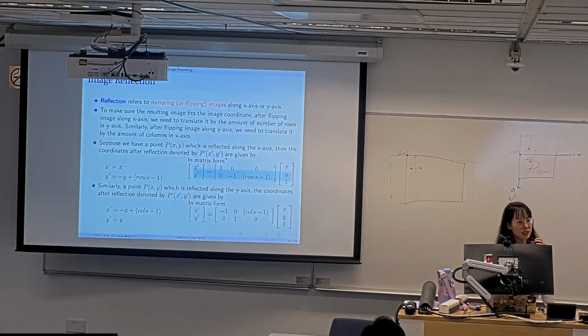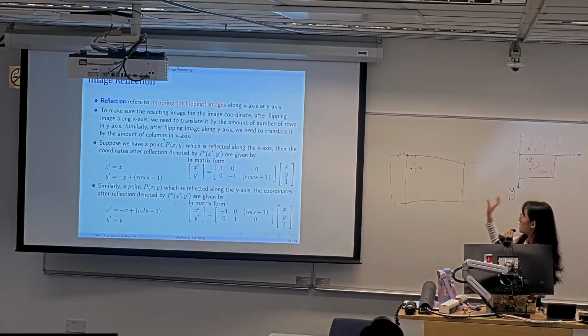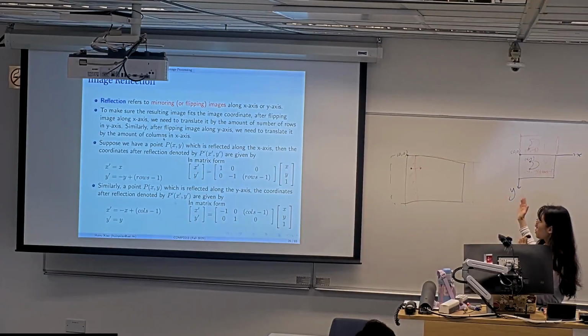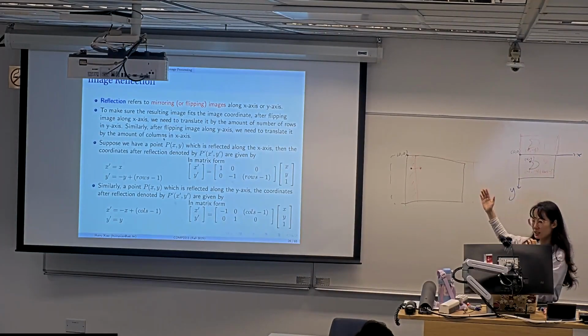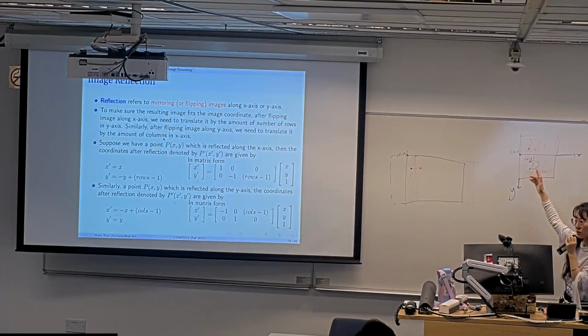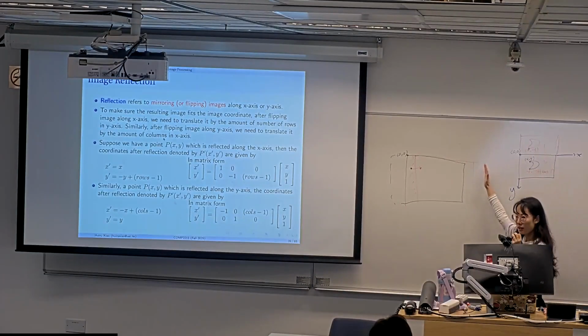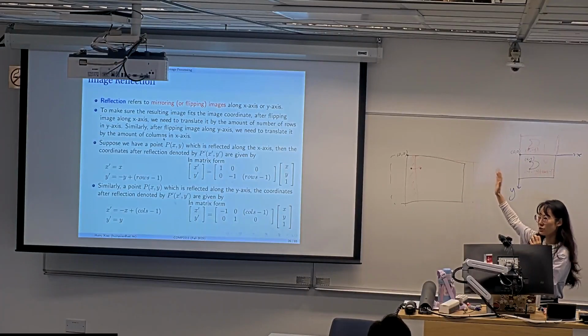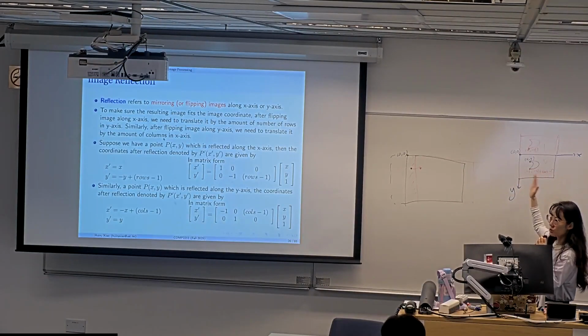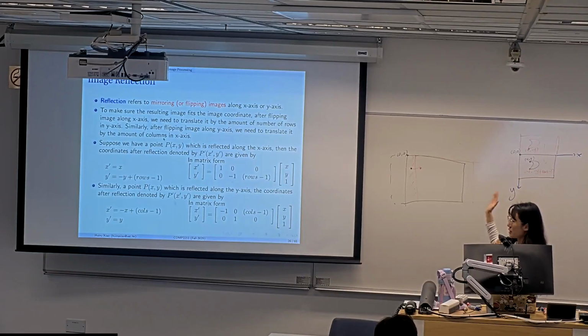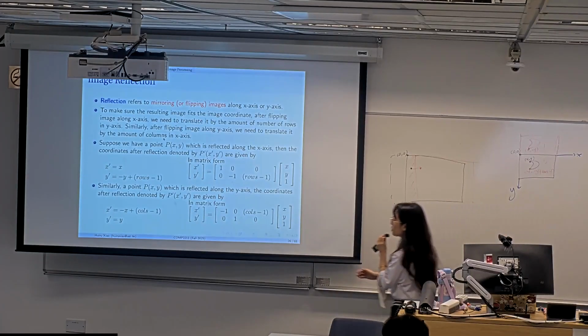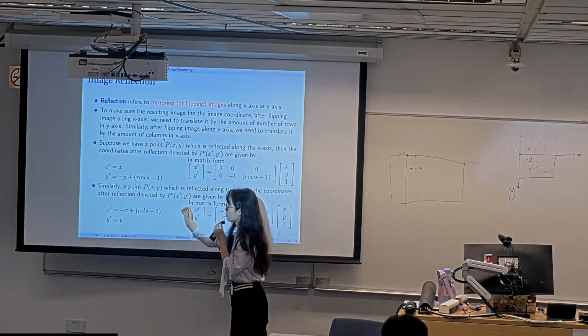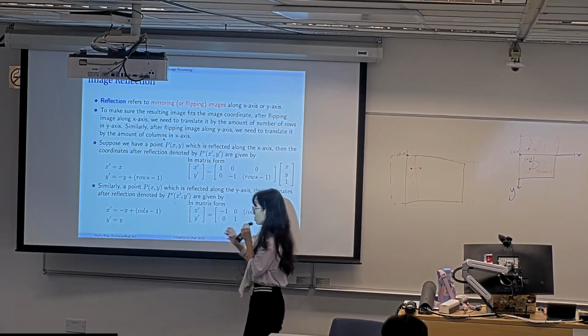Similarly, we can use a similar example to do the reflection along the y-axis. Suppose this is the input image. You do the reflection in this part, and after that you still need to translate it back to the legal range of the x-axis. In that case, we get x prime should be negative x plus columns minus 1, and y prime should be y.